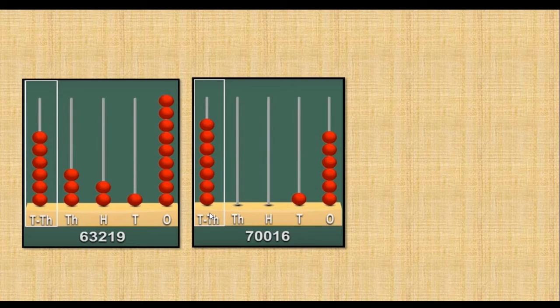So I don't have to have any beads there because the place value of 0 is 0 there. Then tens place I have 1 and ones place I have 6 beads.